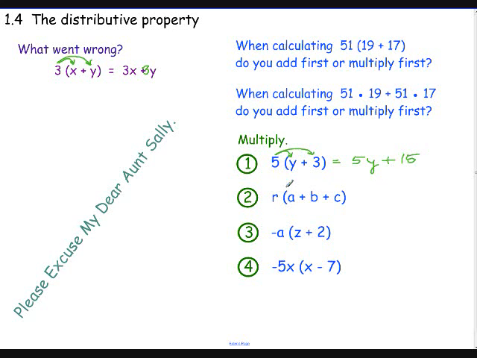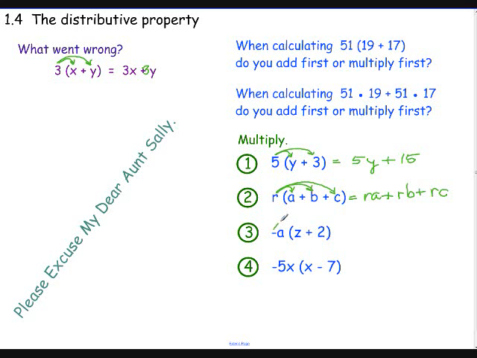This one, same thing. Distribute, and remember, you distribute to everything inside the parentheses. So you end up with RA plus RB plus RC. Here we have a -1 and an A, right?